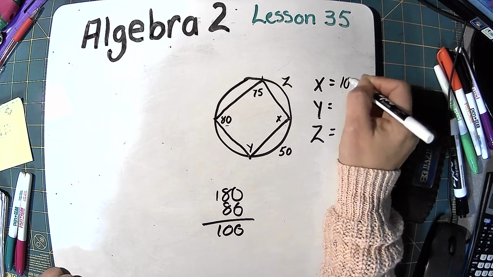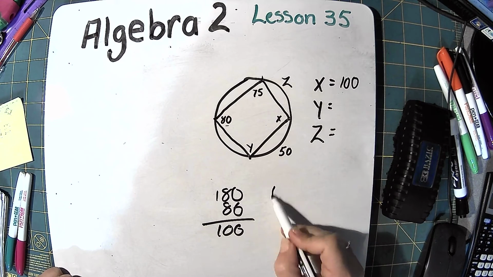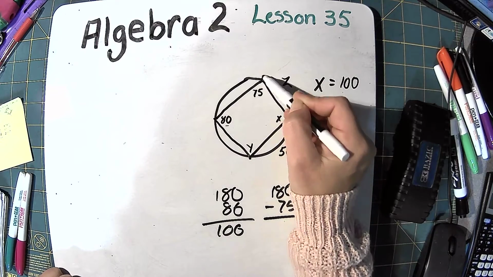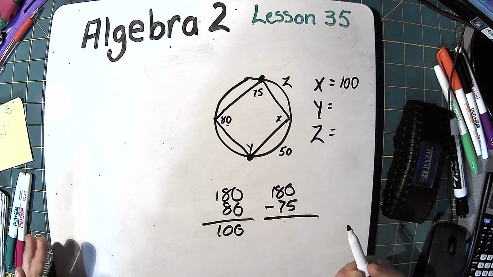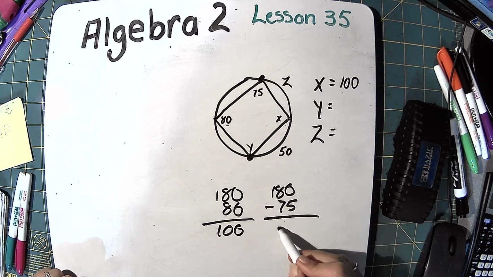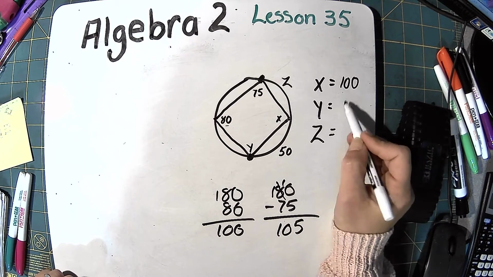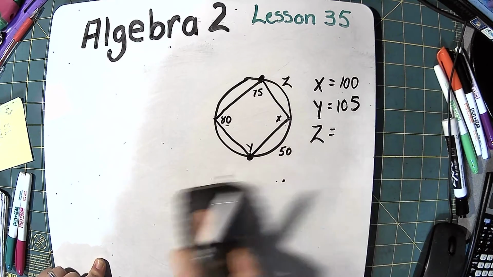So x is 100. 75, we would say 180 minus 75, because this one and this one correspond. They're opposite angles. Added together, they have to make 180. If one of them is 75, we just subtract, and we're going to get 105. So y is 105.